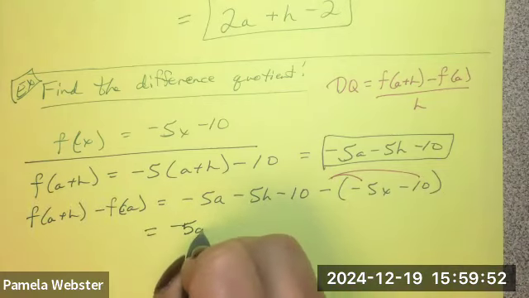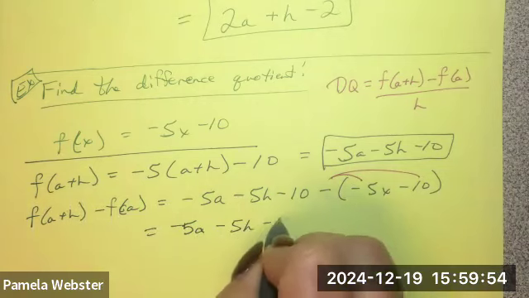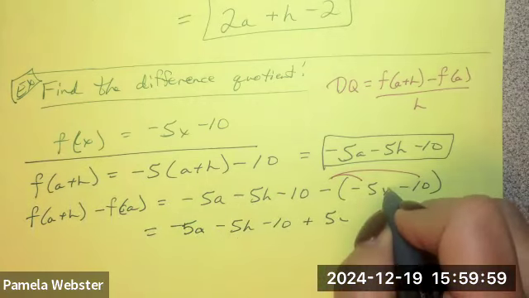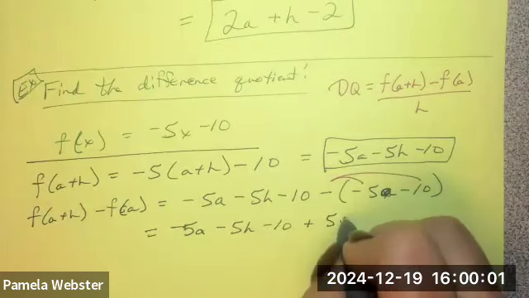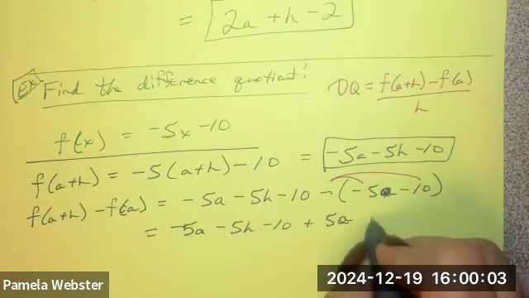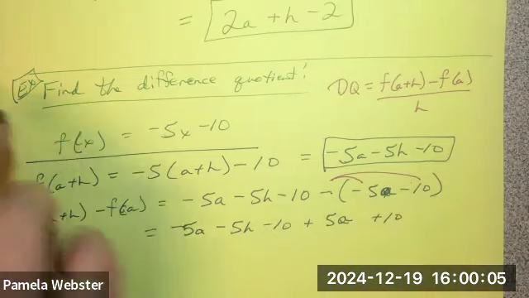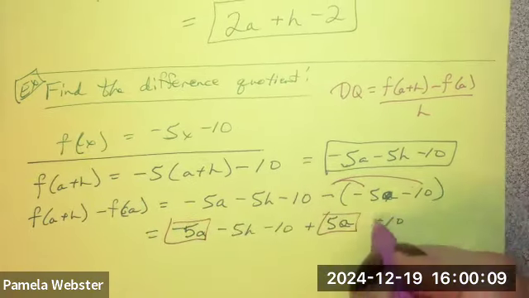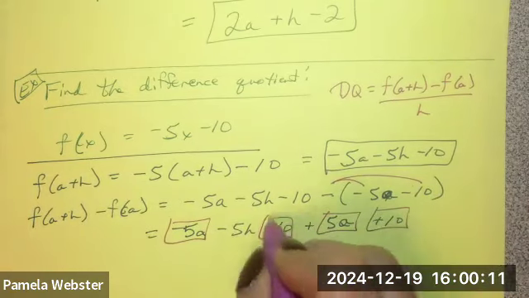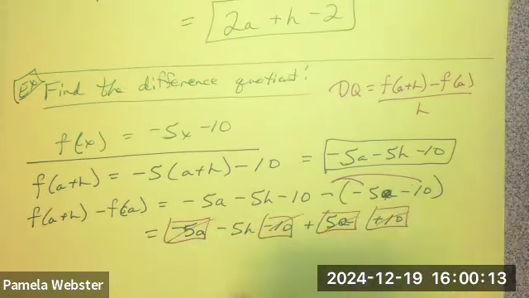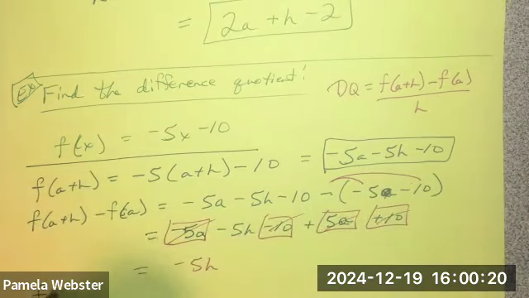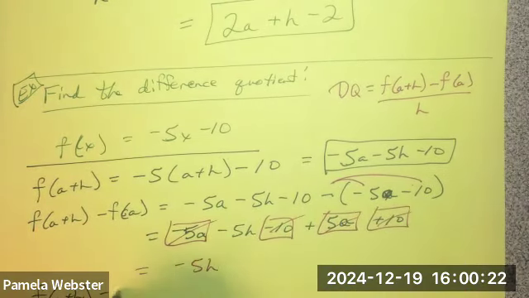Negative 5a minus 5h minus 10 plus 5x. Oh, I'm sorry, that was an a. I didn't plug in my a. And then plus 10. And hopefully if we did it right and I substituted in my a where my x's were, all of those go away, right? Negative 5h. And then the last step here, divide.